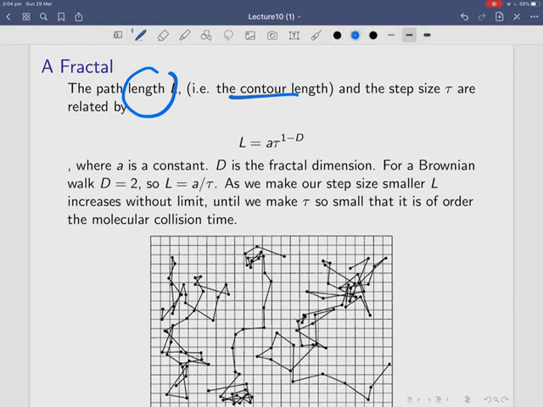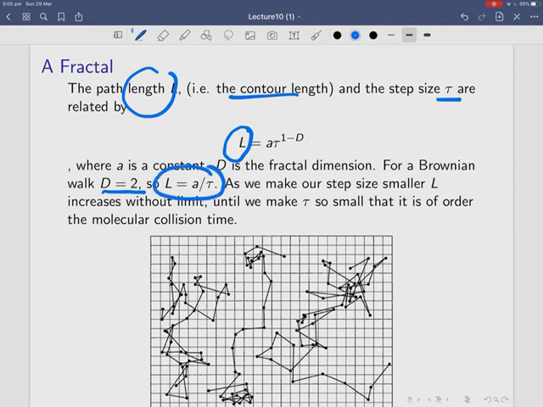So here we've tried a step size tau, and if you measure it, what you find is that the actual contour length you get, L, the length of your path, is a function of tau. It goes as tau to the 1 minus d, and for a Brownian walk we can find out that d is equal to 2, so the length is proportional to 1 on tau.